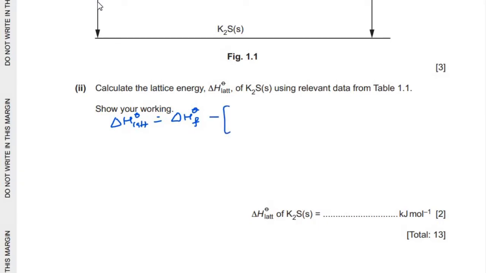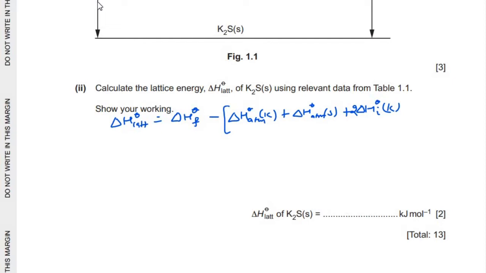The whole cycle is that first the enthalpy change of atomization of potassium, then the enthalpy change of atomization of sulfur, then the enthalpy change, or you can say ionization energy of potassium, but we'll multiply that by 2 because the potassium used are 2 potassium ions.